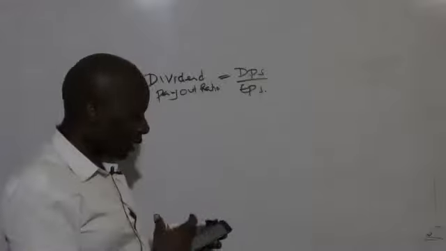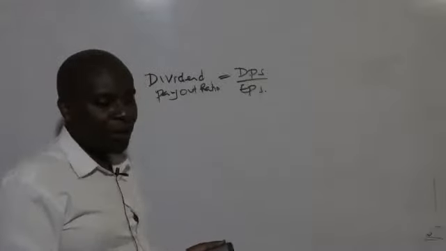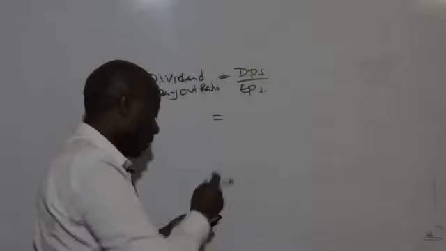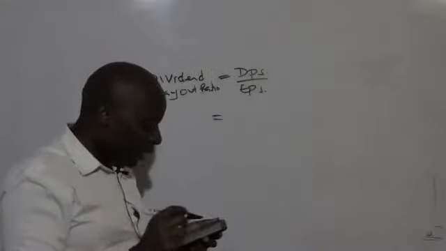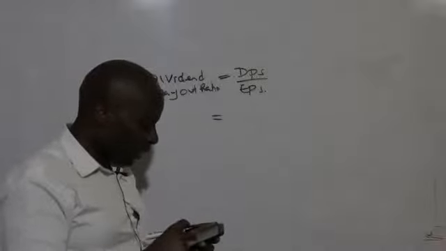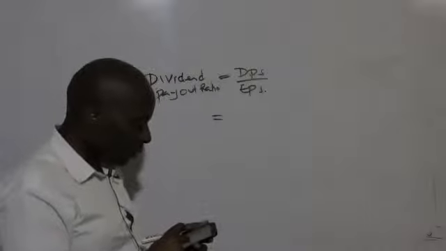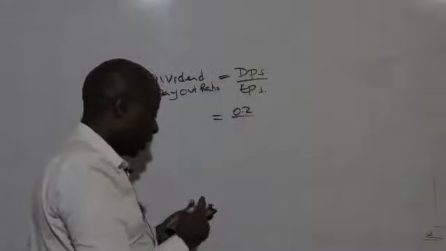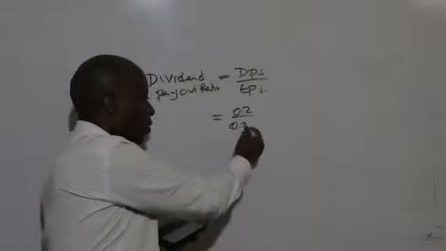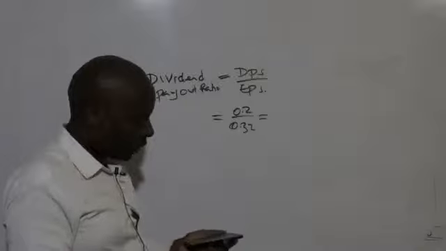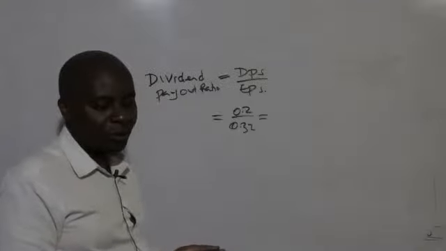So in this particular question, the dividends paid were 0.2, all over the total earnings, which are 0.32. So will you give me this in decimal form? Somebody help me out. 0.2 divided by 0.32 will give me what figure? Somebody?